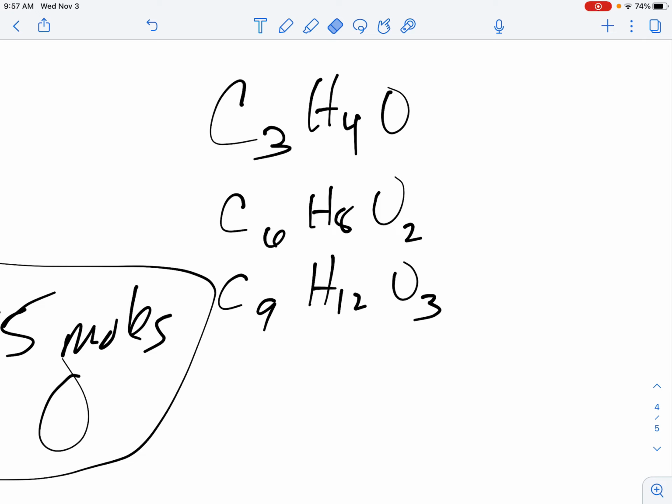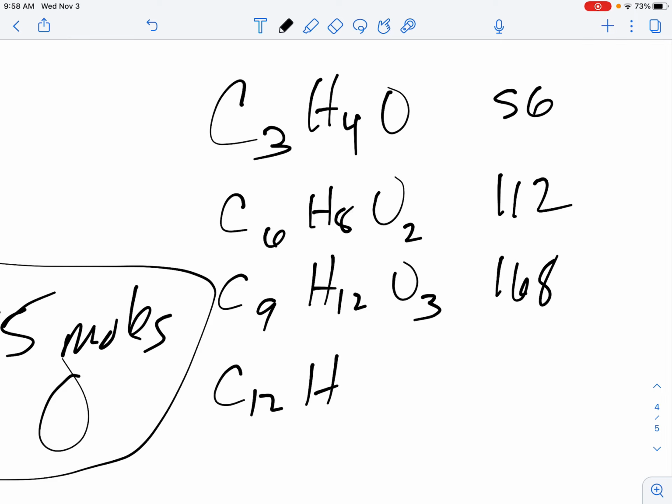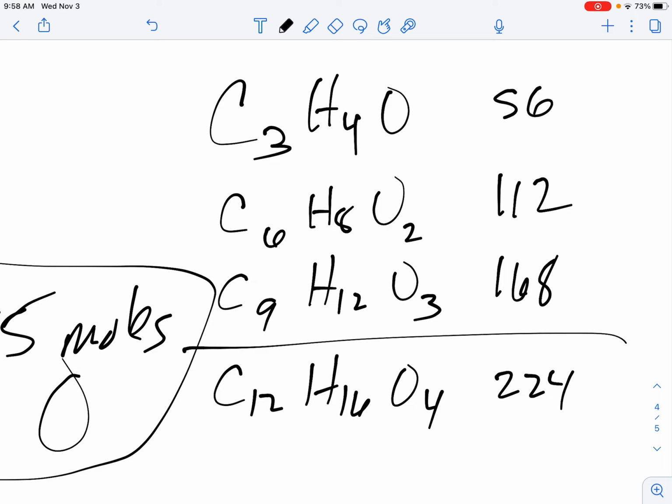This stuff weighs 56. You can go through and do each of these in turn. The second would be 56 twice, which is 112. The next one would be 56 three times, so that would be 168. And if I kept going, it would be C12, H16, O4. So 56 times 4 is 224. Oh, there it is. That's our guy.